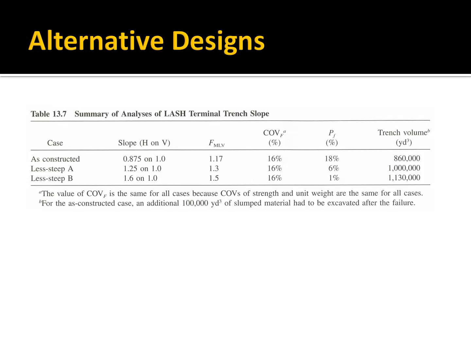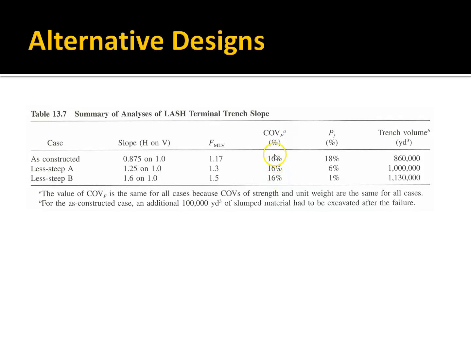But at that 0.875 slope, it's a steep slope, so the cubic yards you'd have to excavate for this trench would be 860,000. But if you go with a 1.25 slope and redo this analysis, the factor of safety most likely value is 1.3, the coefficient of variation is 16.